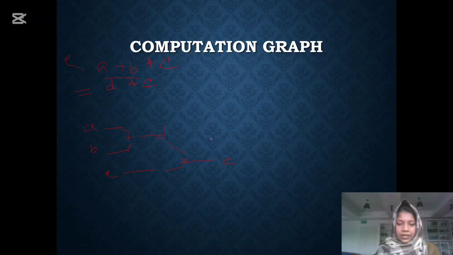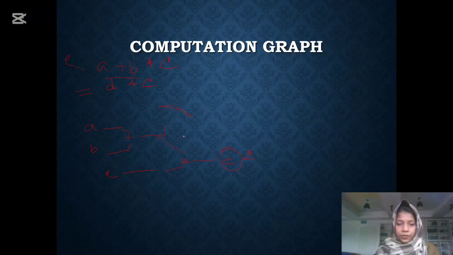Now the gradients are calculated in the backward pass. So we first need to find the partial derivatives of these parts. The partial derivative of E with respect to E is 1.